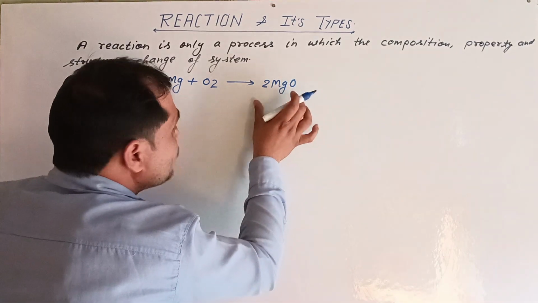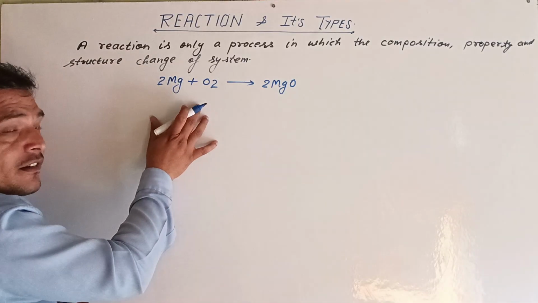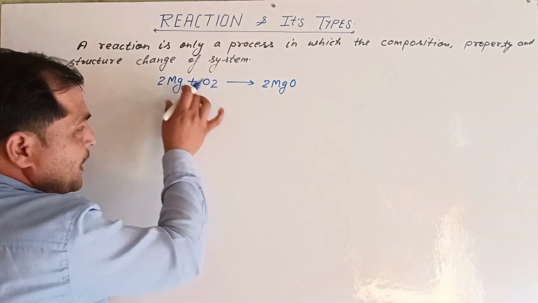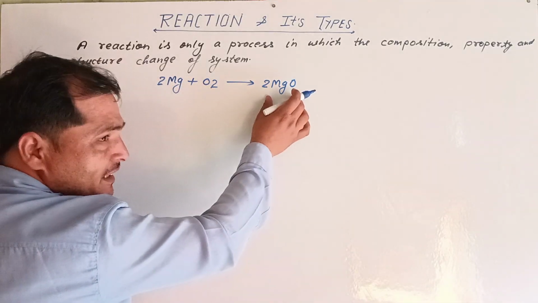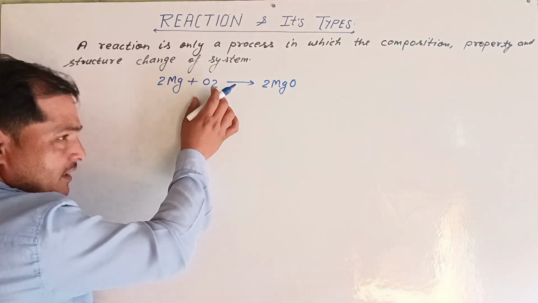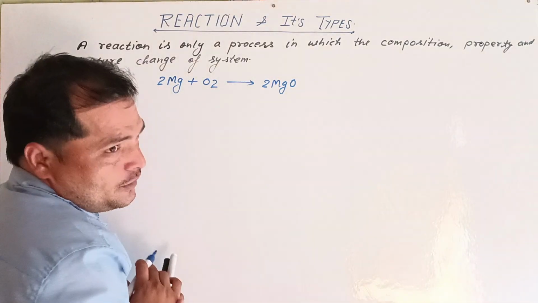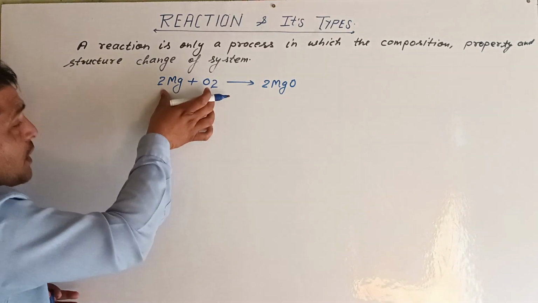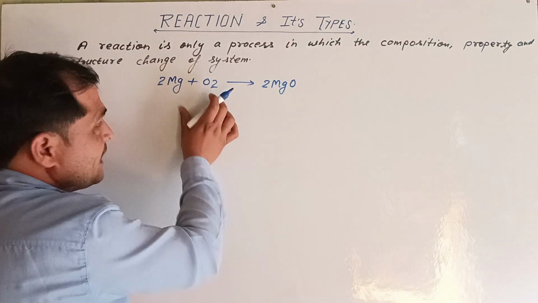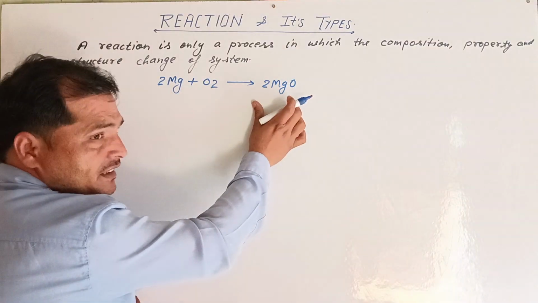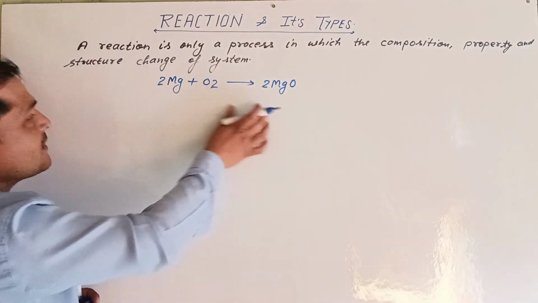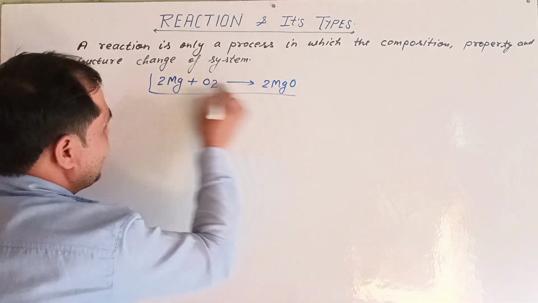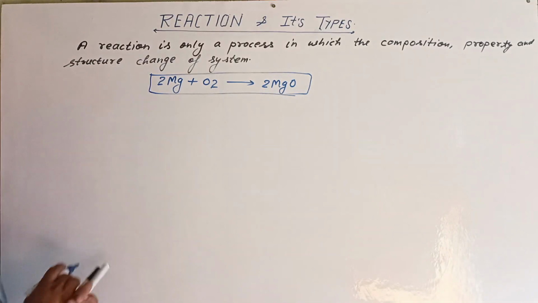The property of MgO is not similar to Mg or O2. The property of Mg is not available in MgO, and the property of oxygen is also unavailable in MgO. So we get that in this process, the composition, property, and structure have changed. All these factors have changed in this process, so it is known by the name of reaction.